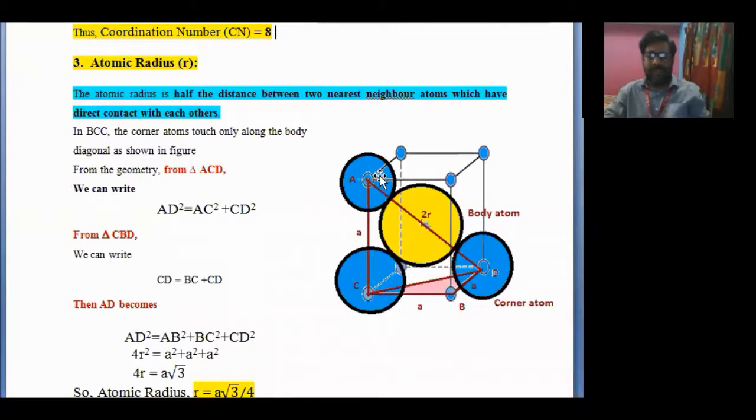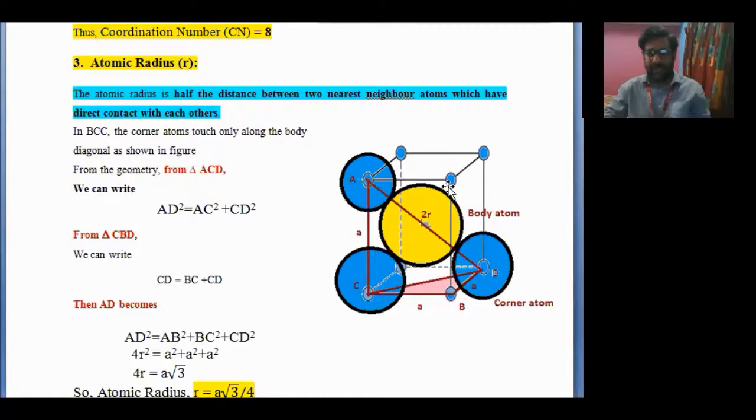So as we know, in a BCC structure, the corner atoms do not have contact with each other. These corner atoms have contact only through the body atom. So to measure the atomic radius, we have to consider a structure like this.